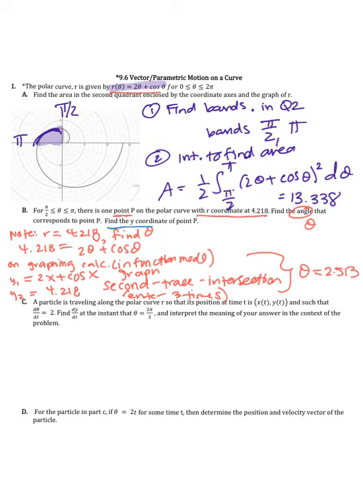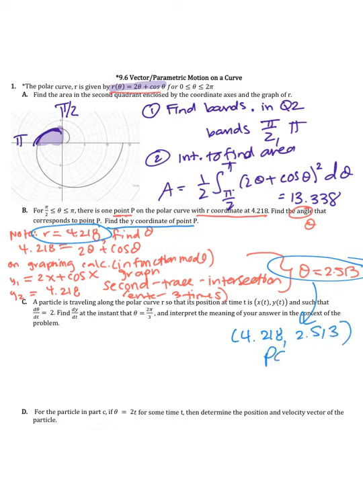Now it's asking us to find the y-coordinate of the point P. Think about what we just found. Using this r value and this theta value, we came up with a polar point. We just came up with the point 4.218, 2.513 in polar coordinates.